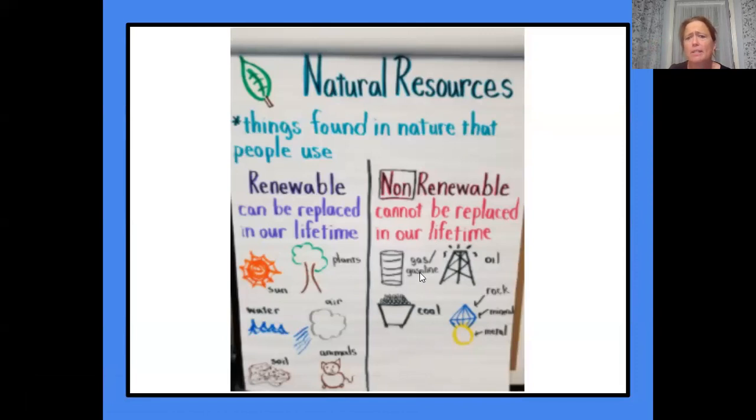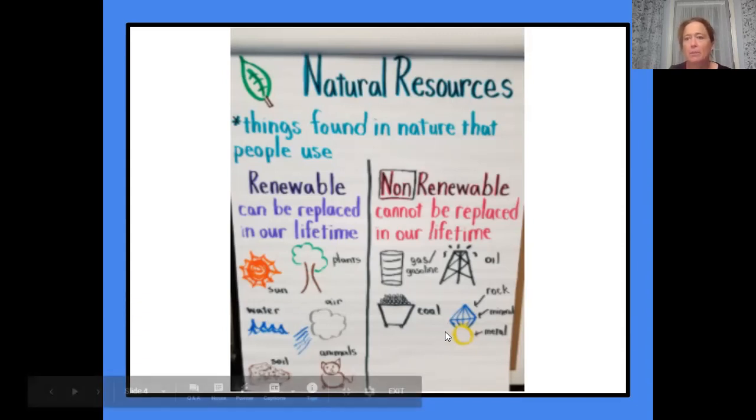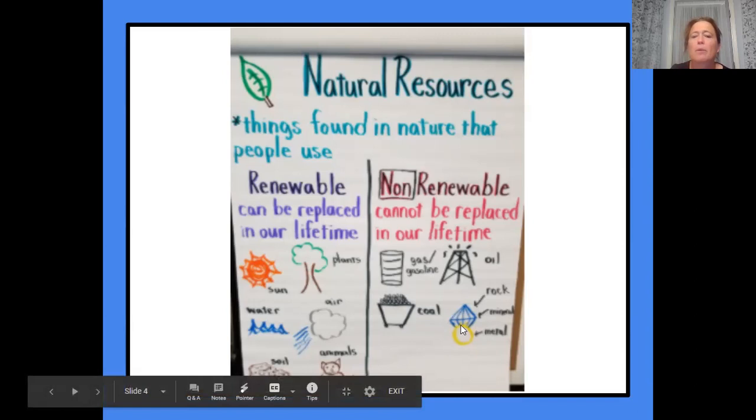So one example is gas or gasoline, oil, which of course we get from the ground, coal, which you know is coal mines. We go into the mines for that. And then rocks like our minerals, like diamonds, take a long time to be made by the environment. So it will not come back within our lifetime.